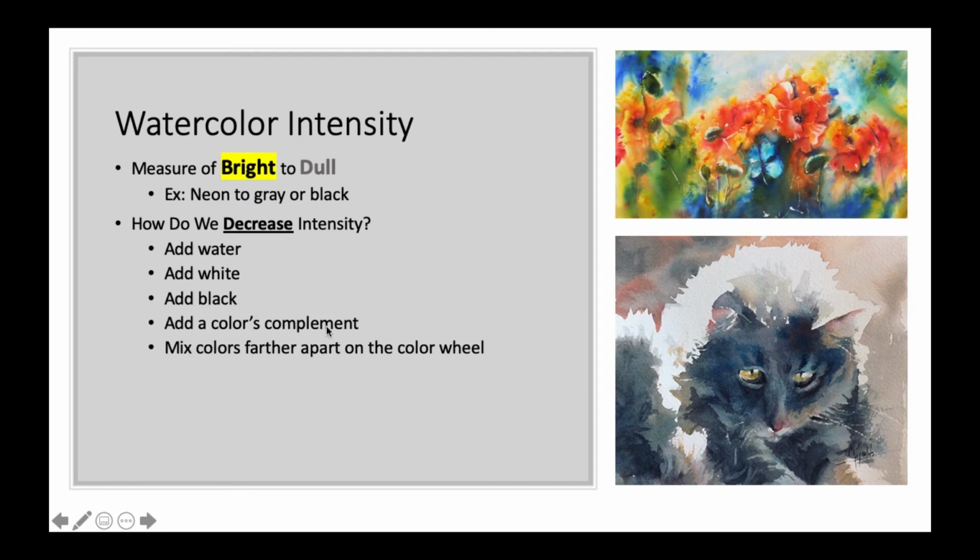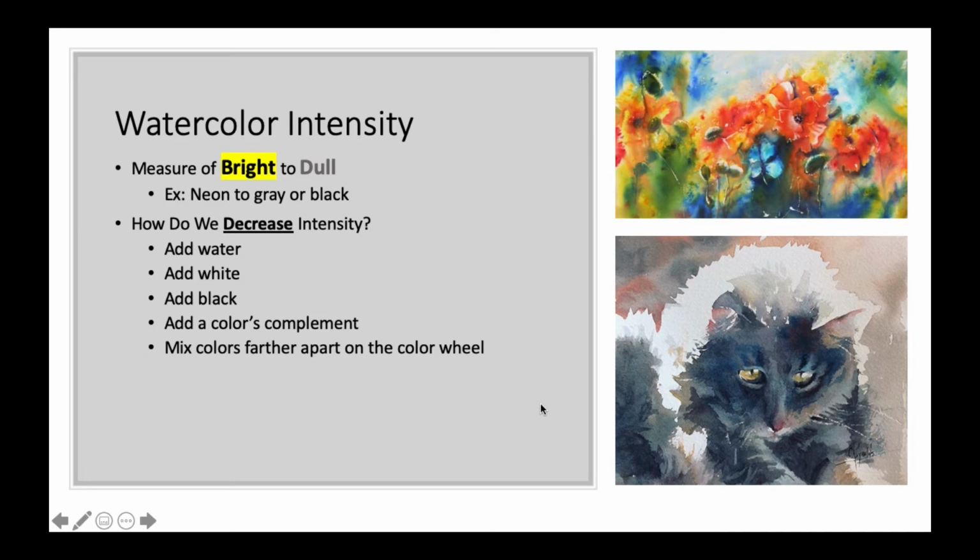And you can also add a color's complement. In this painting, I've used a very cool blue and a very warm red, which are almost complements, to create this sort of gray color. If you can mix complements, that'll also neutralize the color or make it less intense.